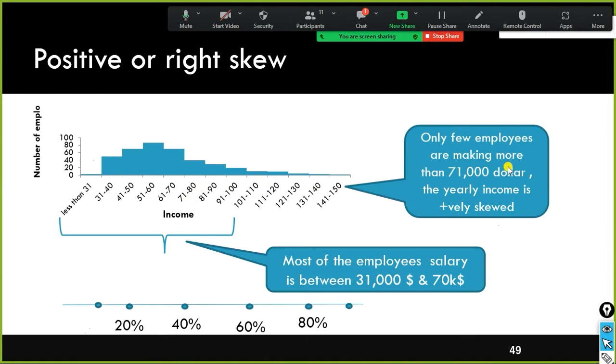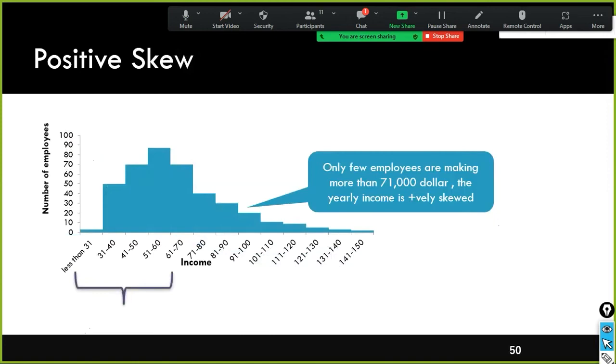This is the story you need to tell your management. Only a few employees are making more than 71,000, and if you see, it's all flattening. Up to here it is tall. The majority of the people's salary falls between 31,000 and 70,000.